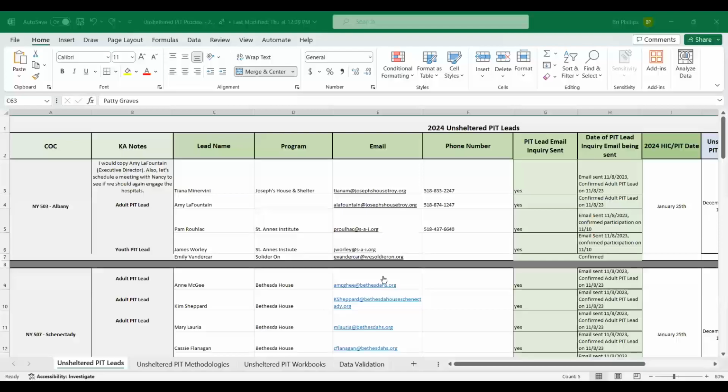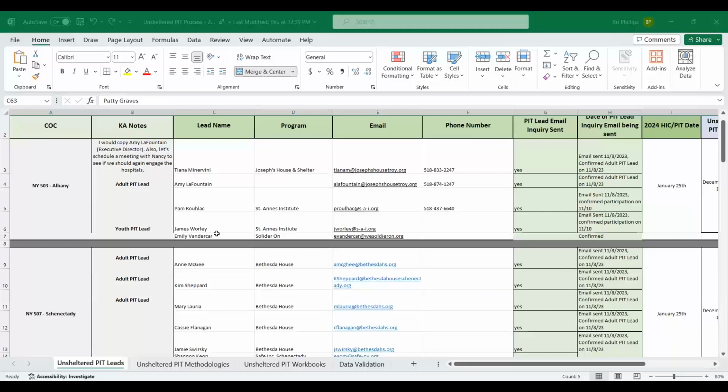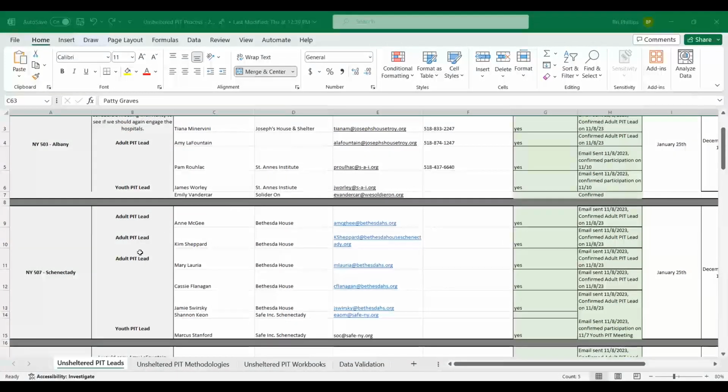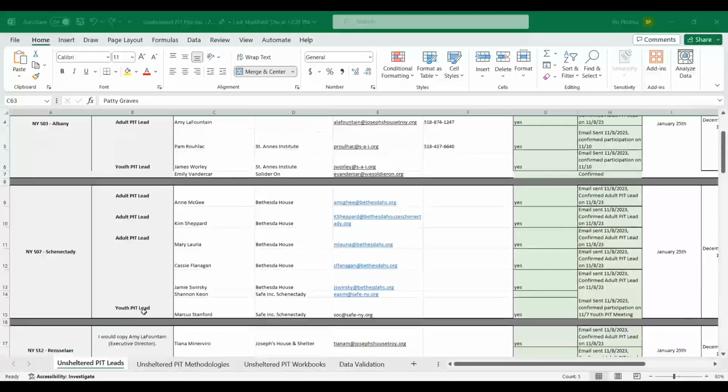So this is a document that was created to show who and what communities are going to be able to support the point in time count. In Albany, we have support from the youth PIT lead of St. Anne's Institute, who is going to support with James Worley, who conducted the outreach for October's point in time count. In Schenectady, we have interest from Safe Inc.